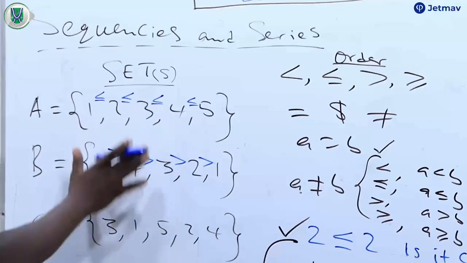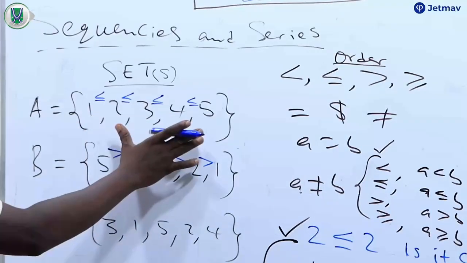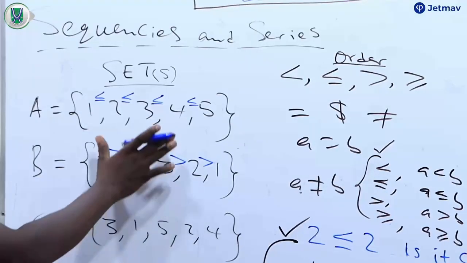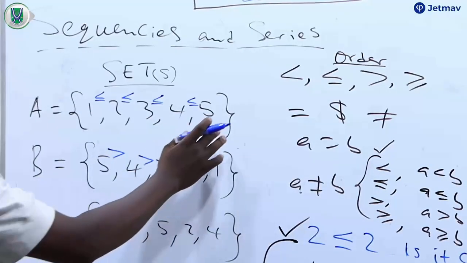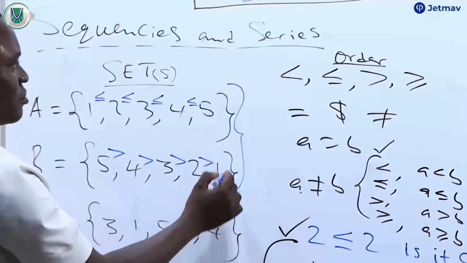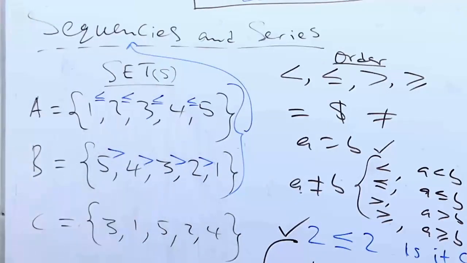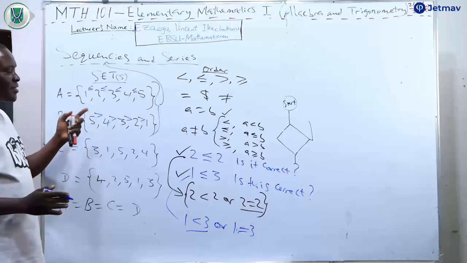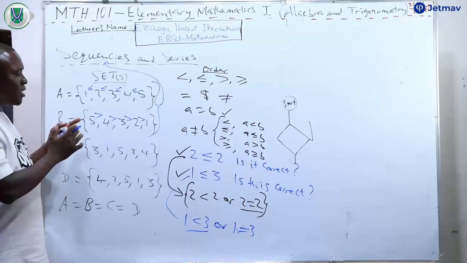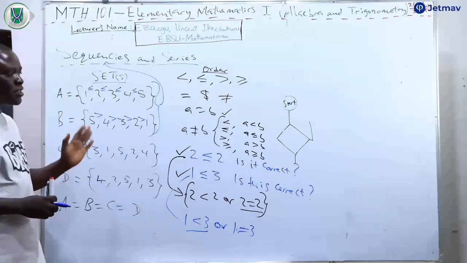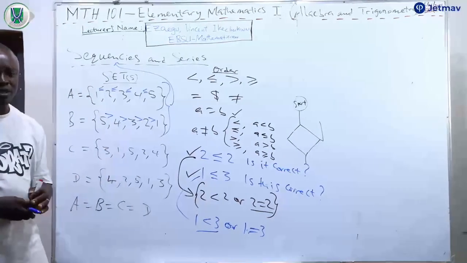So any set that has this orderly arrangement maintaining the same order, these are the sets we gather together and give a special name, sequence. So a sequence is a set whose terms or elements are in orderly arrangement. This is a primary definition of a sequence anyway.